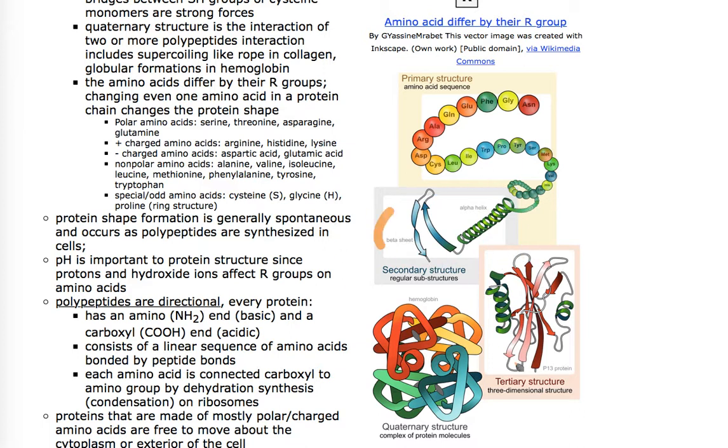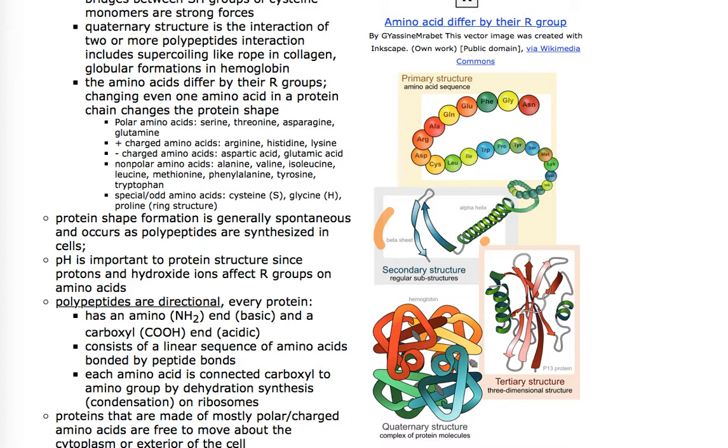Tertiary is when the coils and the pleats all take on a superstructure and some kind of shape caused by these groups interacting with each other and water on the outside. And quaternary is these 4 polypeptides, each with a tertiary structure, stuck together by some kind of forces, often by disulfide bridges.